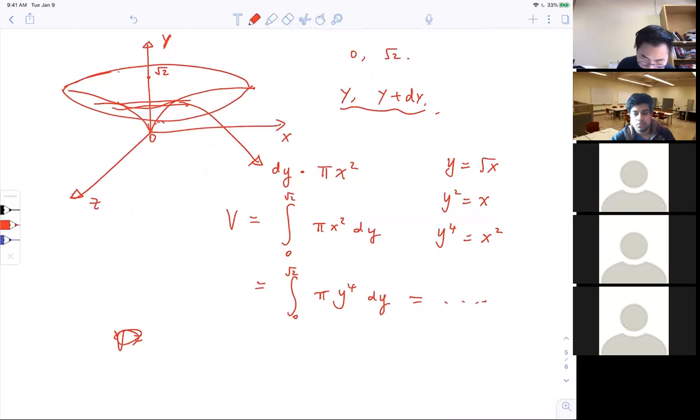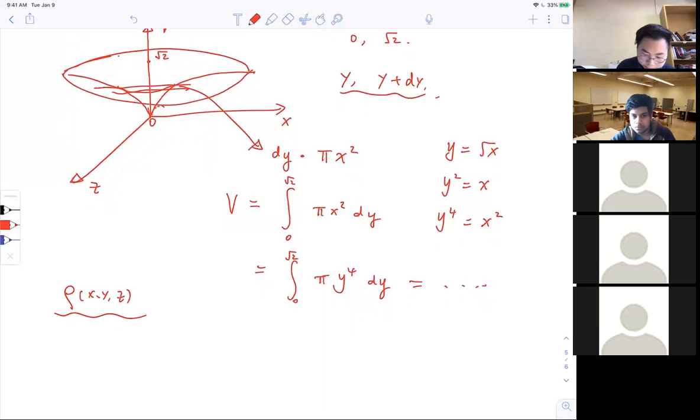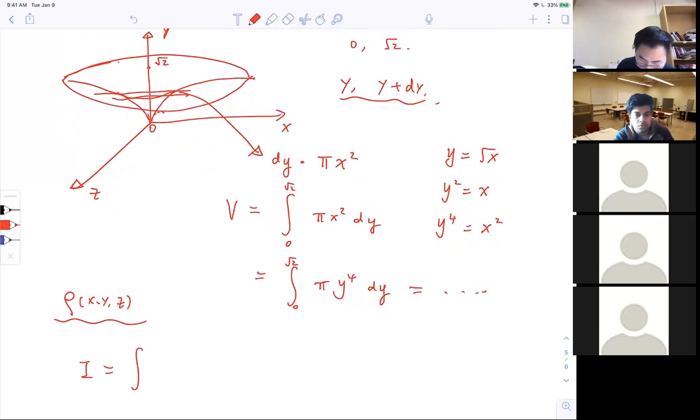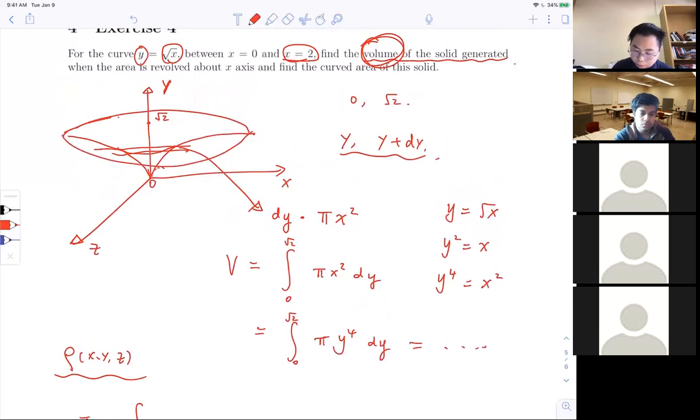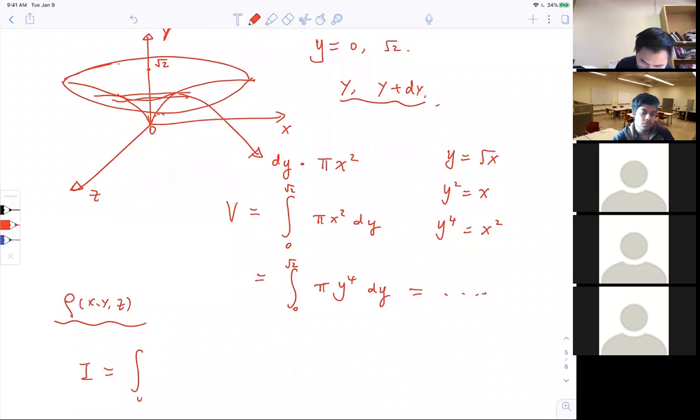So let's create a problem ourselves. Basically, we have a shape like this, and let's assume the density is a general expression like this. Let's find out the moment of inertia, that's I. To determine the integration region is also easy, because we know y is from 0 to square root of 2.